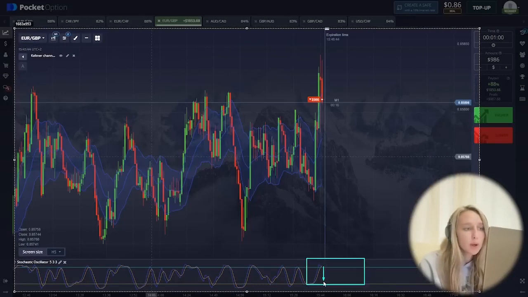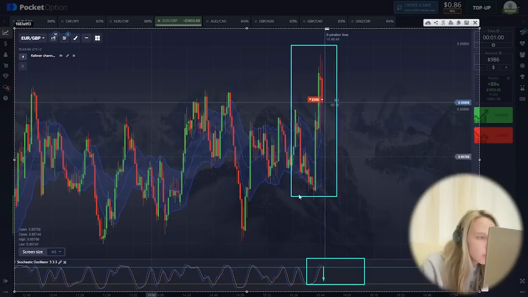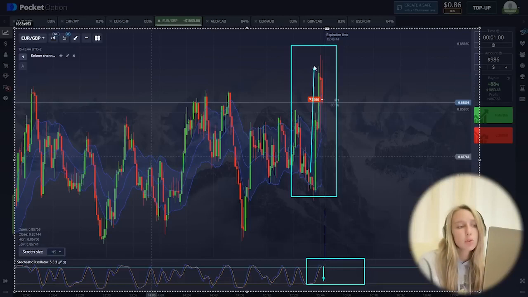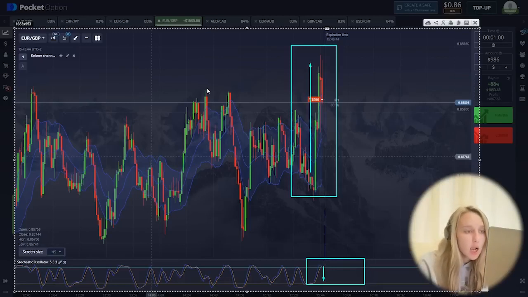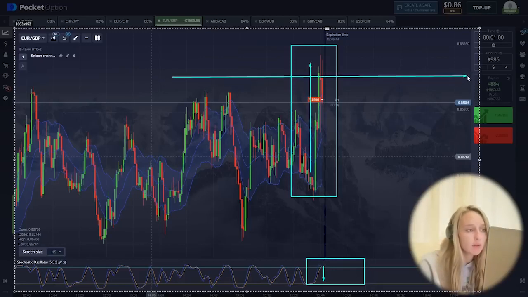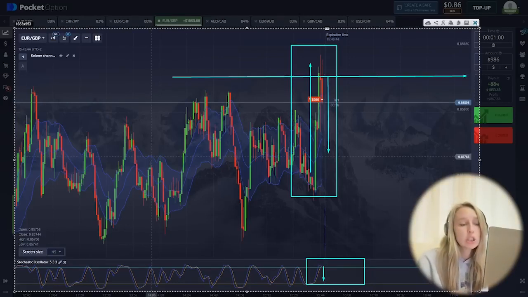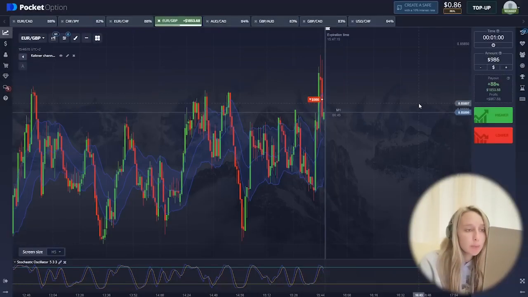First of all, we see the rebound of the stochastic and the intersection of the observed area, and also pay attention to this movement, a very strong upward direction, after which we have red candles, very long shadows. We can conclude that we should have a rebound, and the movement should be corrected to the level at which it moved before.